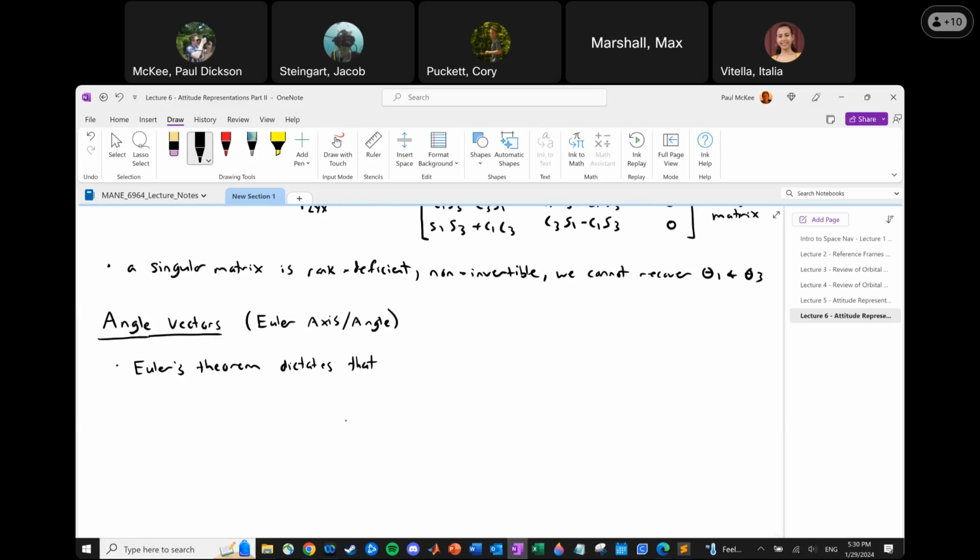Remember, we know that any attitude or any rotation can be broken down into 3 rotations about either body fixed or space fixed directions.